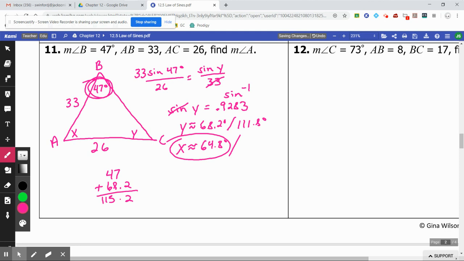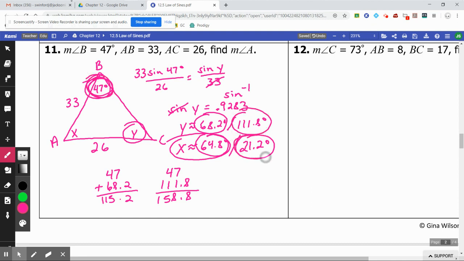If my first angle was 47, that's angle B, or my angle C here could be 111.8 degrees, which gives me a total of 158.8, which would leave 21.2 degrees for my third angle. So my three angles are either 47, 68.2, and 64.8, or my three angles are 47, 111.8, and 21.2.